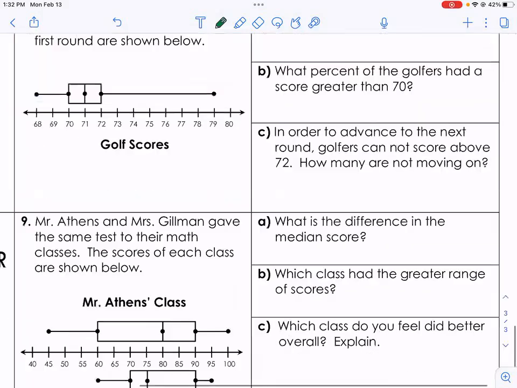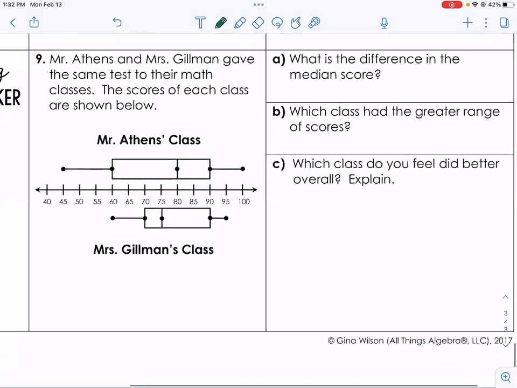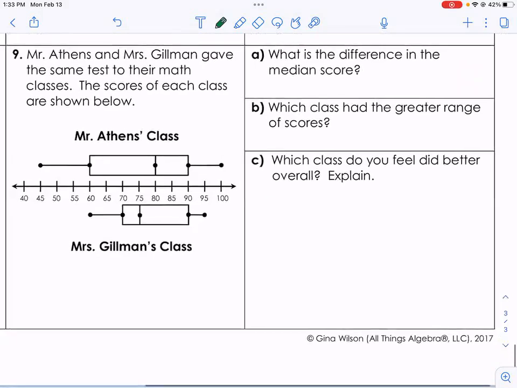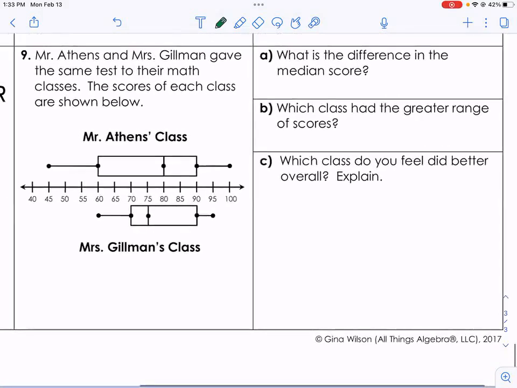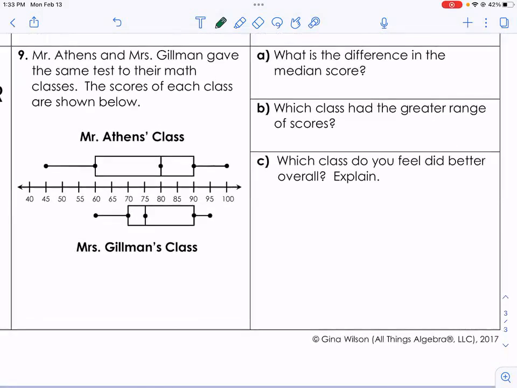I want to go all the way down to Mr. Athens and Mrs. Gilman gave the same test to their math classes. Okay, so let's talk about this. What is the median for Mr. Athens? Okay, so Mr. Athens had a median of 80 and Mrs. Gilman had a median of 75.